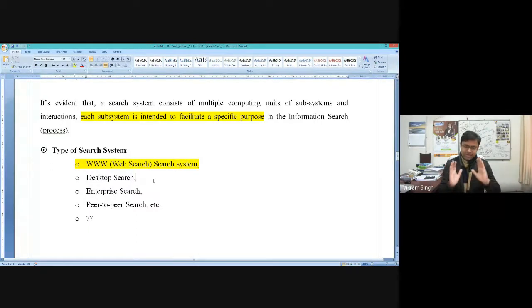Though meta search is not the accurate term, because when we say meta search engine or meta search system, it combines the results of more than one search platform.